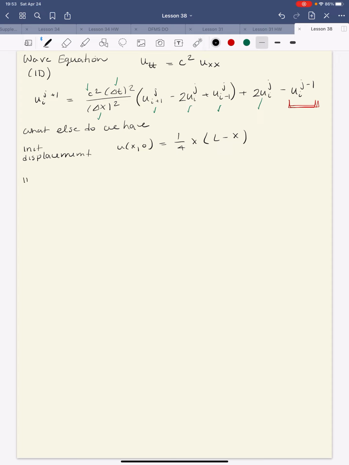And then we have initial velocity. And initial velocity, u sub t (x,0), equals g of x.